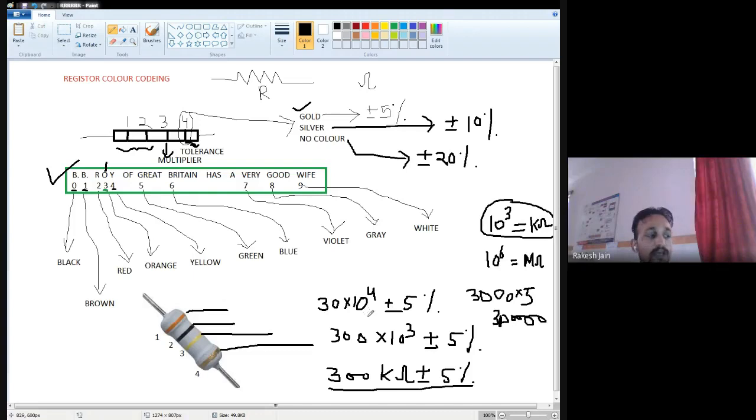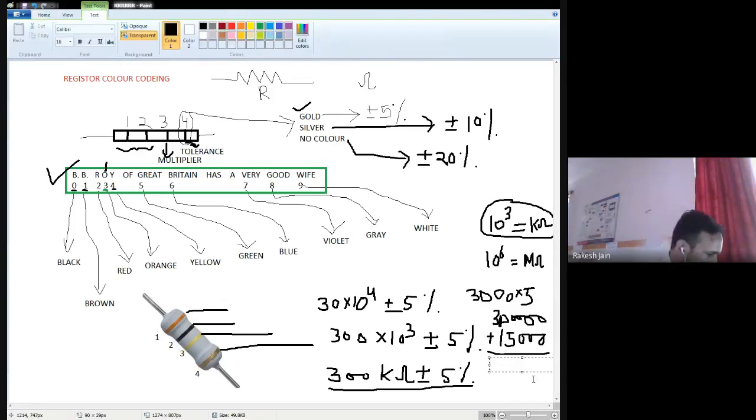So it will be 15,000. Okay, so if I add them, it will be 31,500. Okay, so that is 315 kilo ohm.